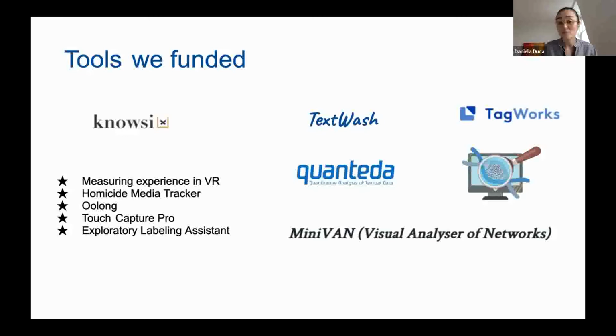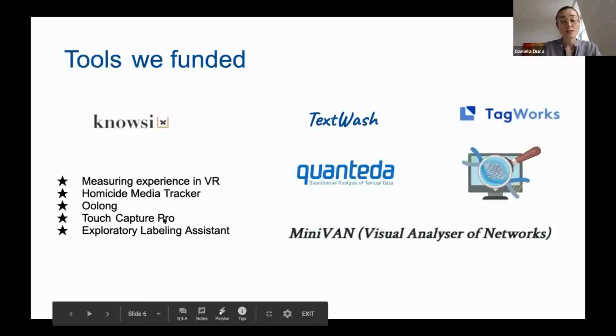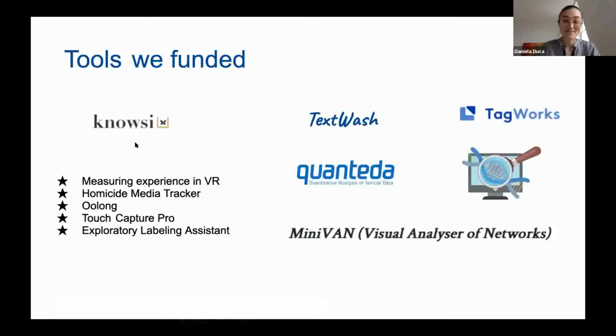Tools like Minivan, which is a visual network analyzer, and Digital DNA, which was to work with Twitter data. This year we just concluded in February, and we funded a tool called Nosy, and Nosy is specifically for managing consent. So recruiting participants and managing their consent.